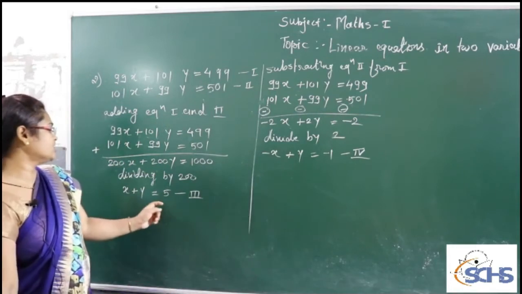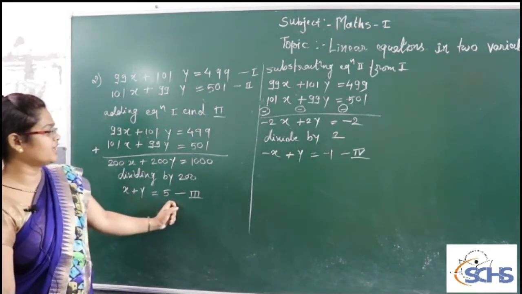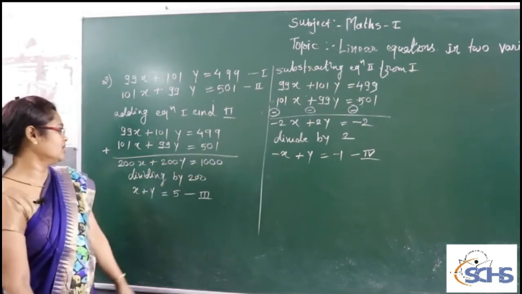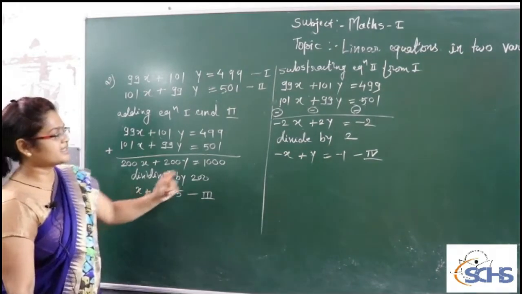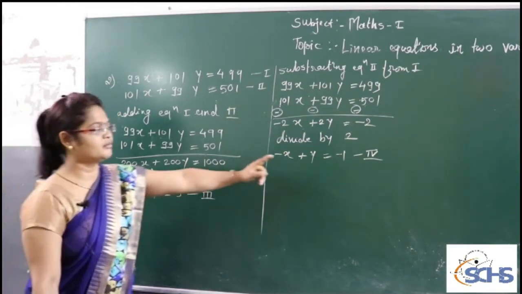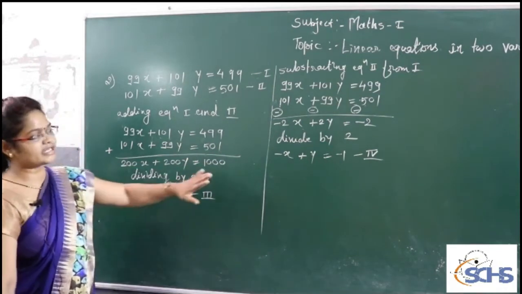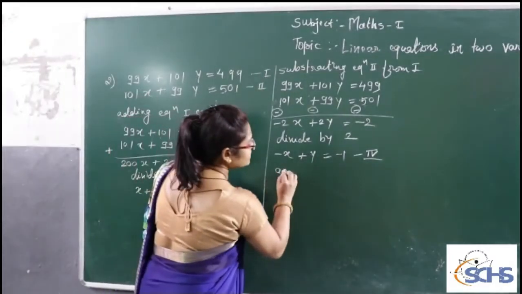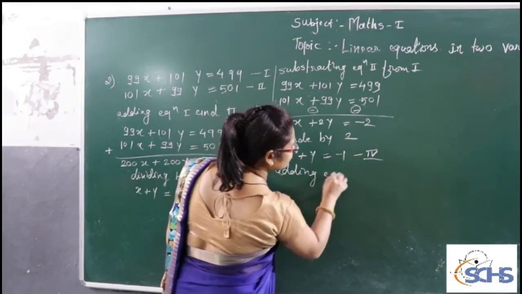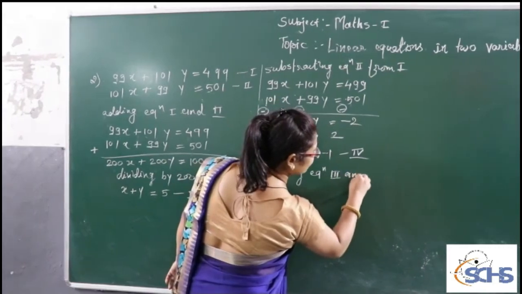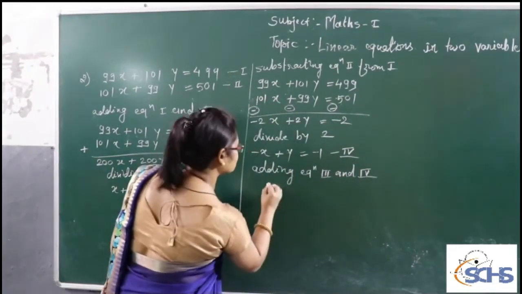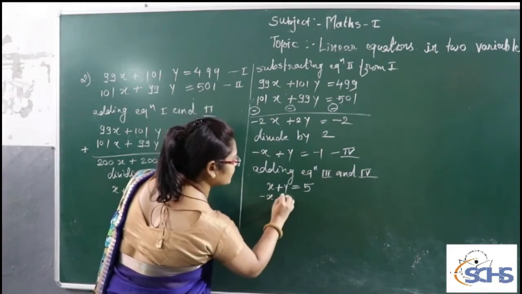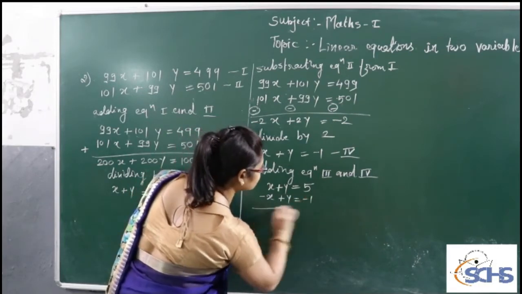Now see, the third and fourth equations. The third equation is x plus y equals to 5. The fourth equation is minus x plus y equals to minus 1. See here, plus x, minus x, plus y, plus y. In that case you can do either addition or subtraction. We will do addition, adding equations 3 and 4. The third equation is x plus y equals to 5, and the fourth equation is minus x plus y equals to minus 1.